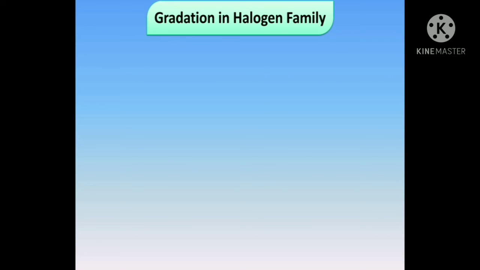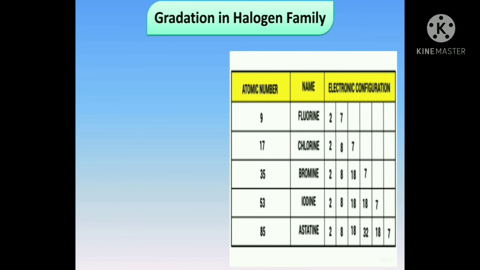Now let us come to the last part of this lesson, that is gradation in halogen family. What is halogen family? Let us have a look. The group 17 contains all the members of halogen family.